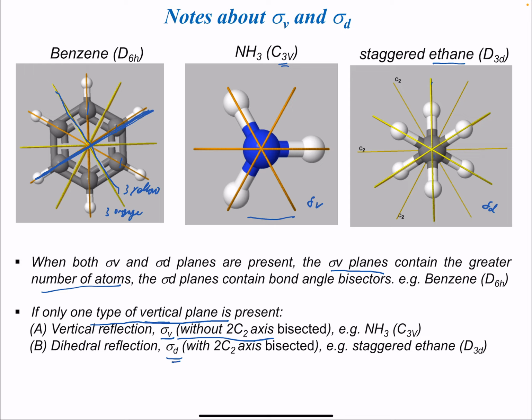The first criterion: in this case we don't have a C2 axis bisected by the plane, so that's sigma v. And sigma d here, because in this case we have this C2 rotation axis perpendicular to the principal rotation axis, the C3 rotation. Then we call that vertical reflection sigma d.